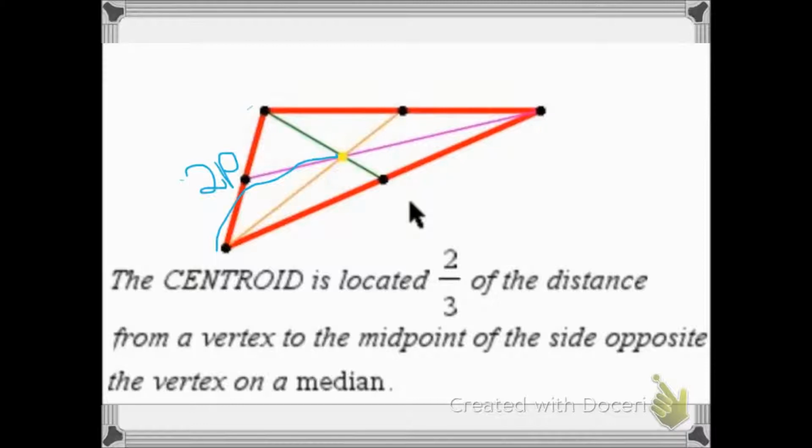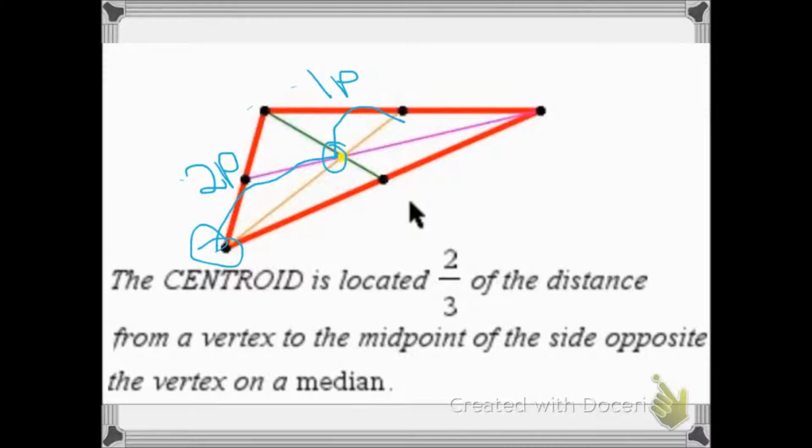And then the distance from the centroid to the midpoint of the opposite side is 1 part. Take a look at what that means. It's two parts from the vertex, which is right here, to the centroid, and then it's another part to get there. We'll look at it with numbers in just a minute.